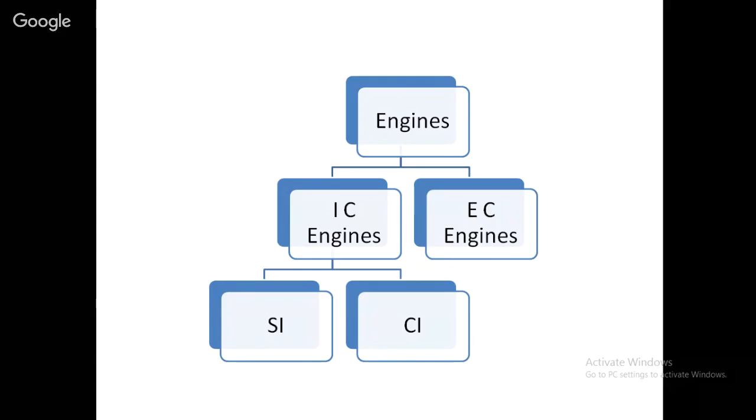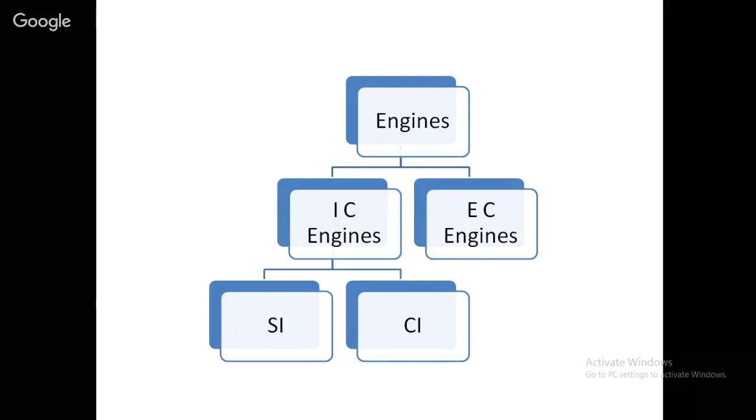Now IC engines can be classified into two again, SI and CI. There are other classifications also, but this classification is on the basis of how we are igniting the fuel. Fuel is a substance which converts chemical energy into thermal energy, and this thermal energy we later utilize to get mechanical power or electrical power.